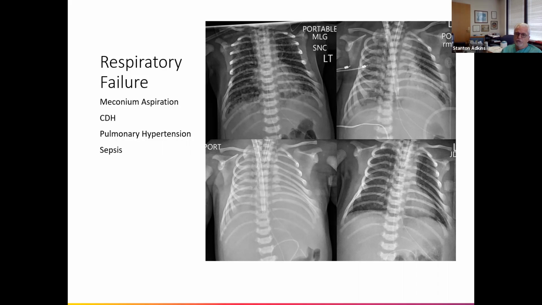VA used to be the standard. Then we tried to do VV for everybody because we didn't like the idea of ligating the carotid artery. You can understand that, but most of the kids who have the carotid ligated are going to do just fine afterwards, and you can't tell neurologically that there's a problem.